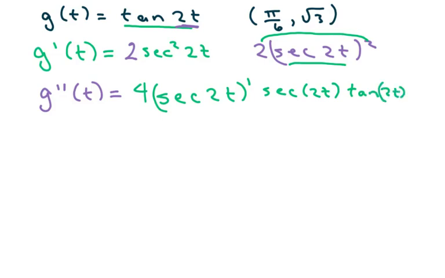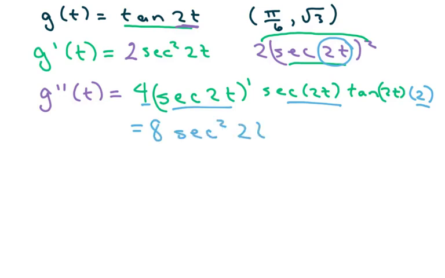Then you also have to take a derivative of this portion, which is just 2. So what you're going to get when you multiply all this through is, we have 2 of these. I'll multiply the 8, the 2 times the 4 is 8. So we have secant squared of 2t times tan of 2t.